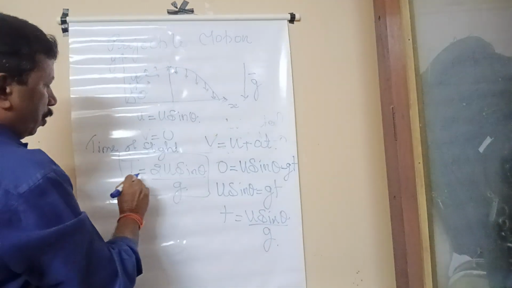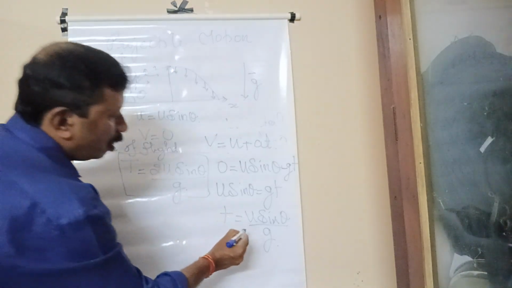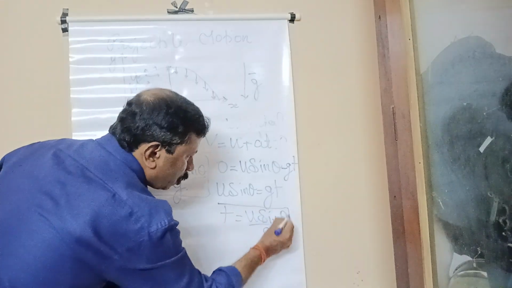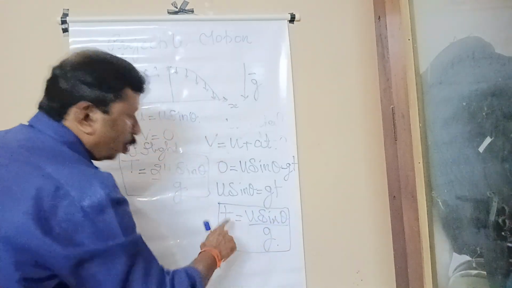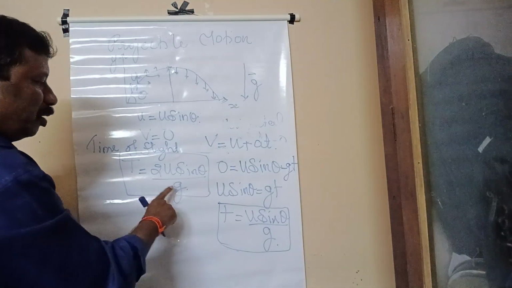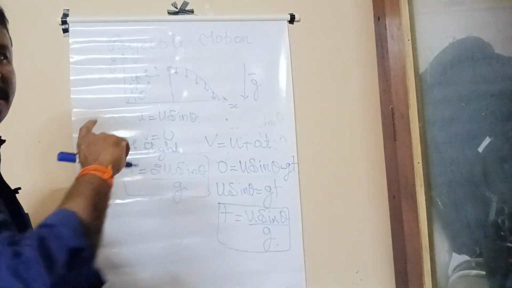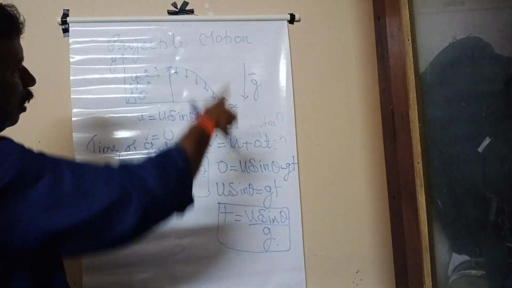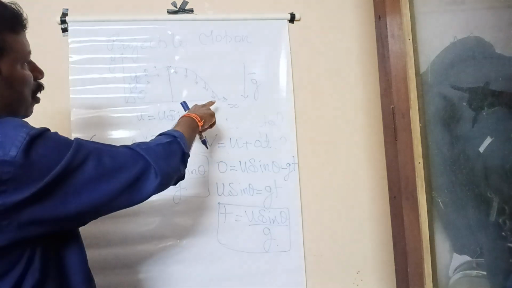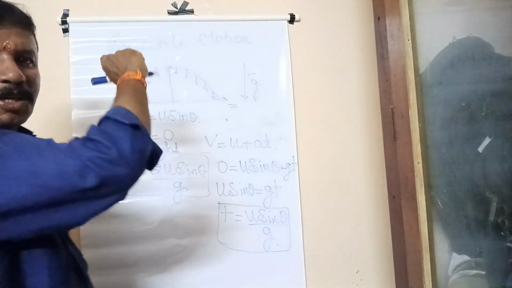Total time of flight is twice u sin theta divided by g, that is, 2u sin theta divided by g. That is the total time taken for the particle to reach the ground.